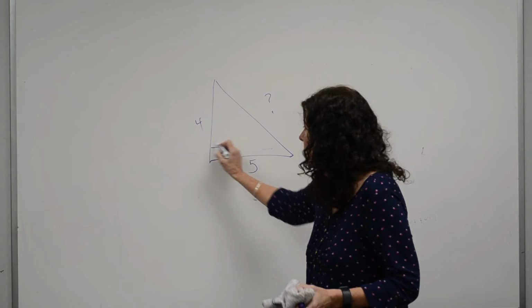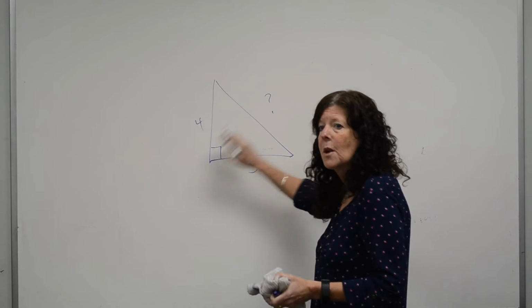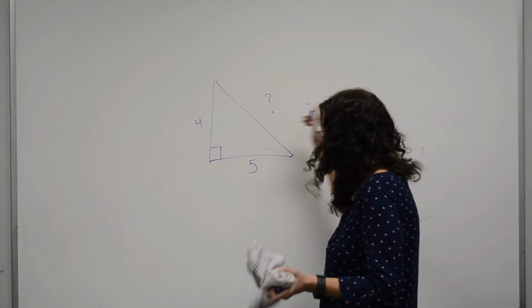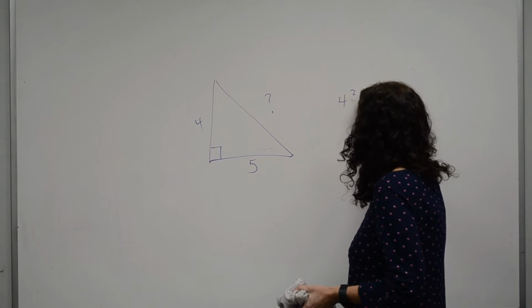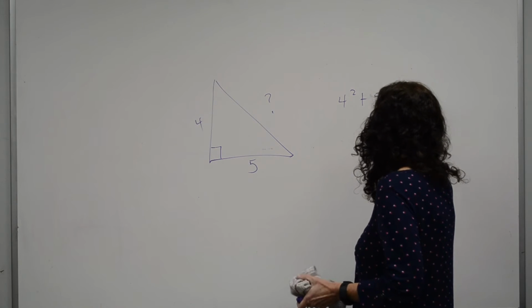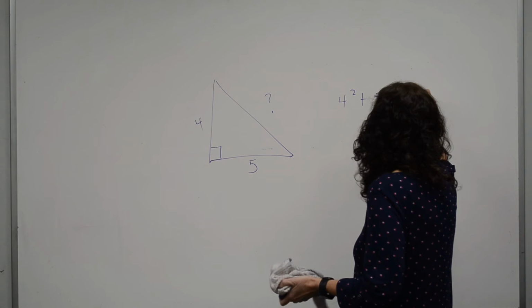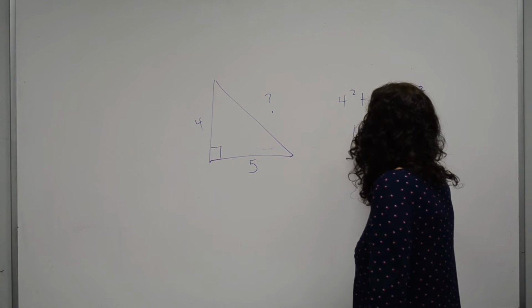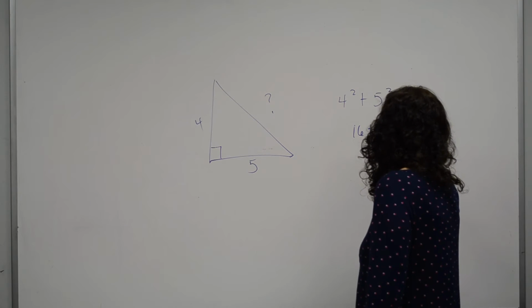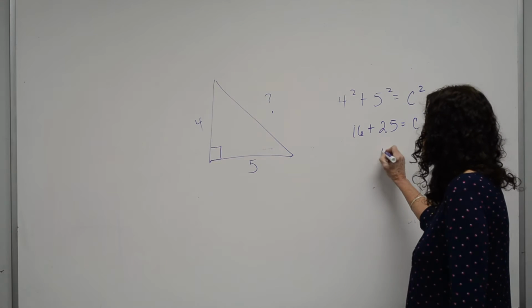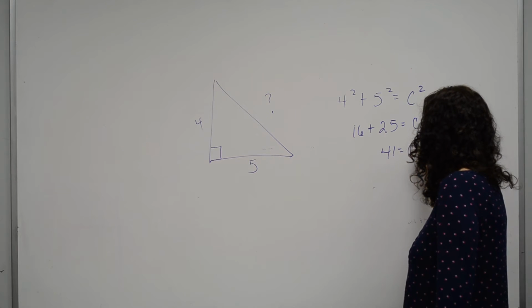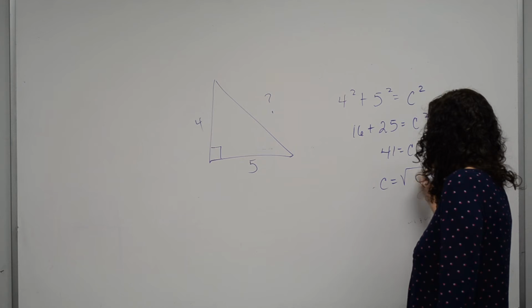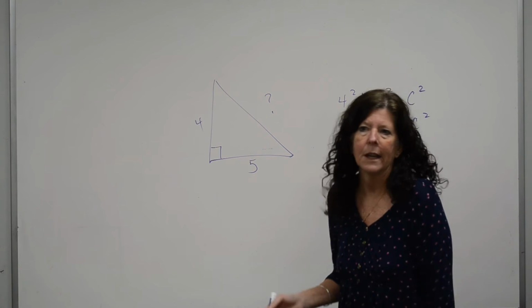The legs are what form the right angle. The hypotenuse is always the side opposite the right angle. So I would say 4 squared plus 5 squared is equal to c squared, or whatever you want to call it. So 16 plus 25 equals c squared. That gives me 41 is equal to c squared. So c is equal to the square root of 41, which I can't do anything to.